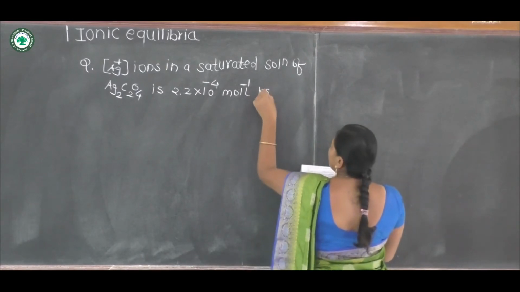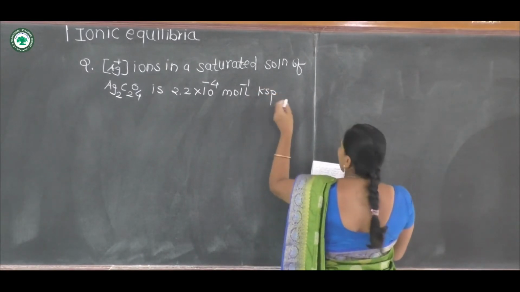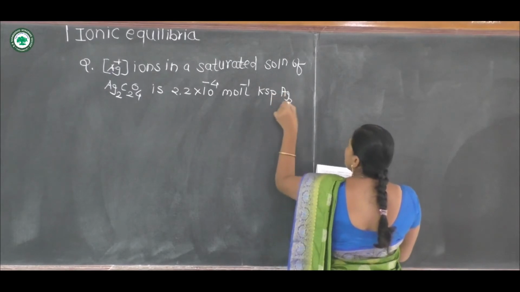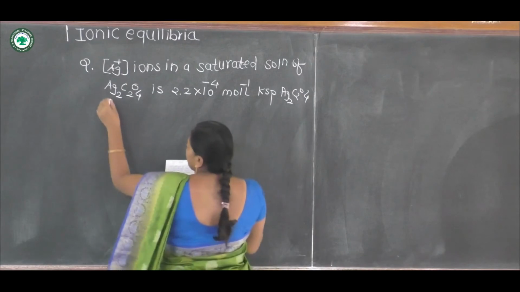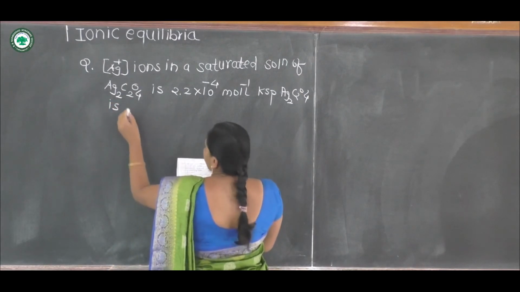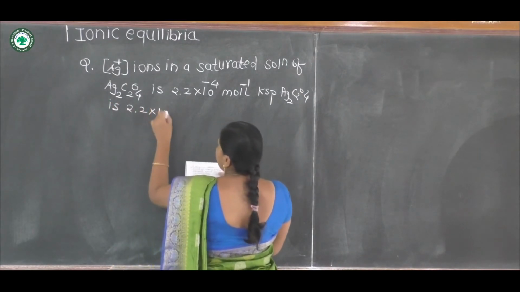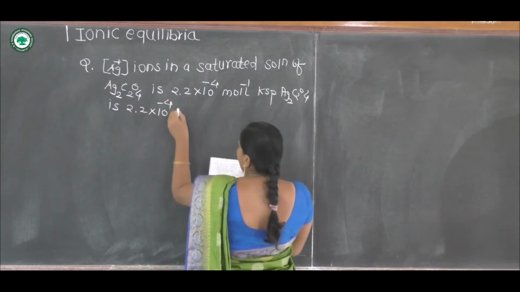Solubility product for silver oxalate is 2.2 into 10 raised to minus 4 mole per liter.